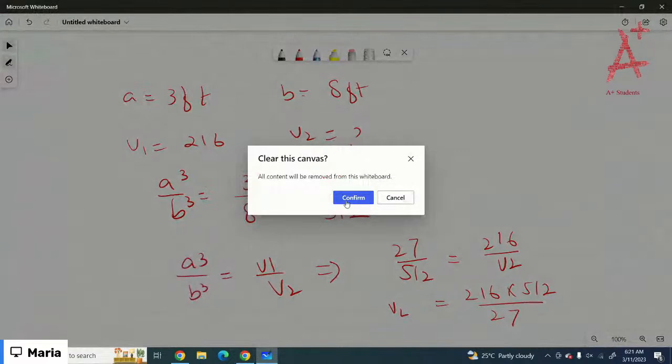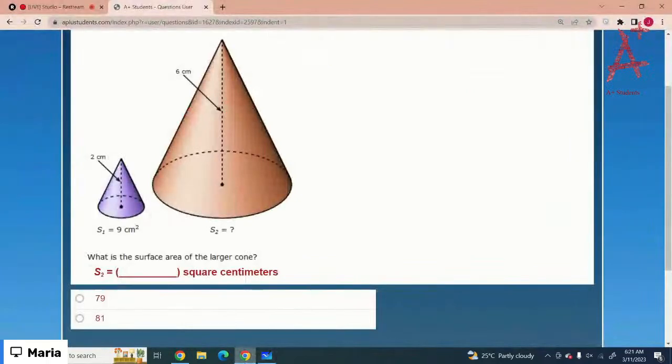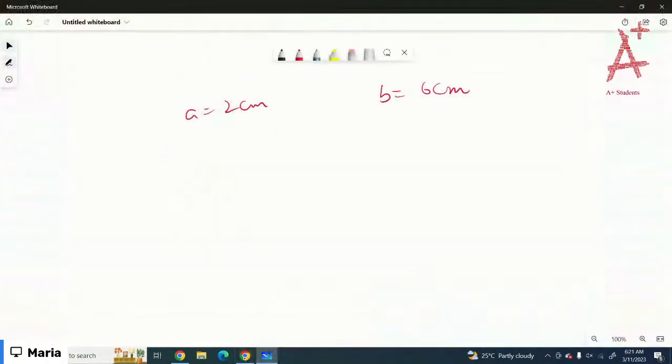A equals 2 centimeters and B equals 6 centimeters. And the surface area is 9 square centimeters. You have to calculate for the larger cone. Got it? So for the surface area, we are going to calculate the squares of the corresponding sides.